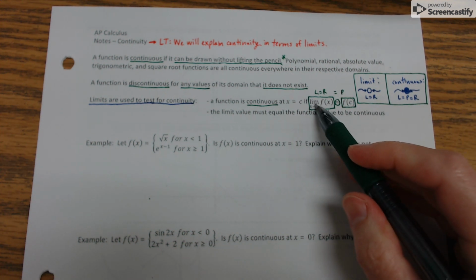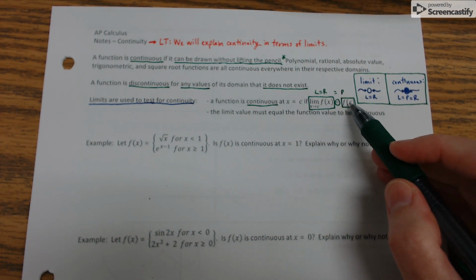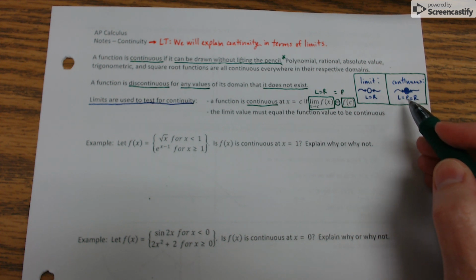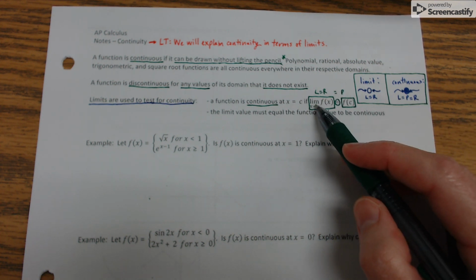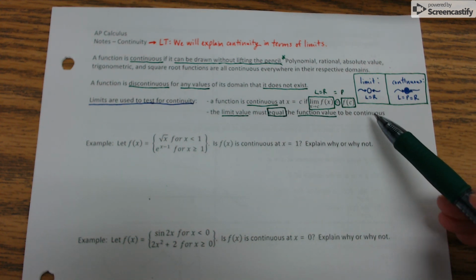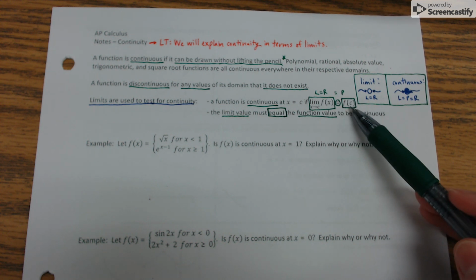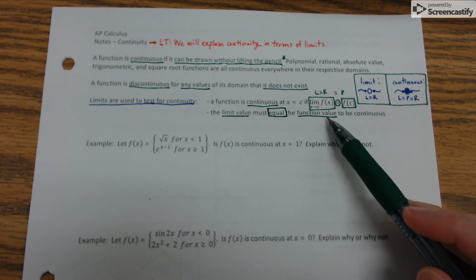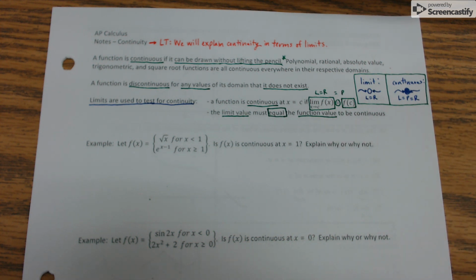So it's just a much more formal way to write this thought that the left and the right need to be equal, with the point being equal as well. So left equals right equals point. And the statement right underneath that is just explaining that more using words than mathematical notation. So the limit value must equal the function value to be continuous.